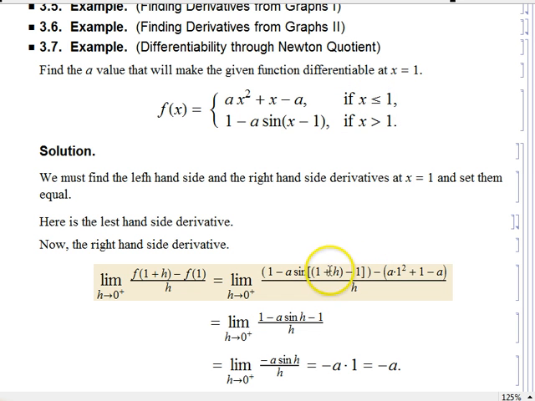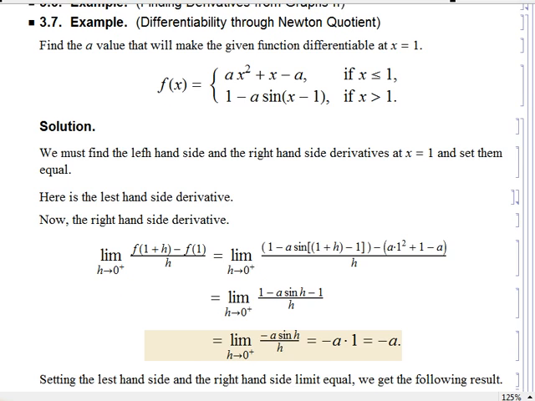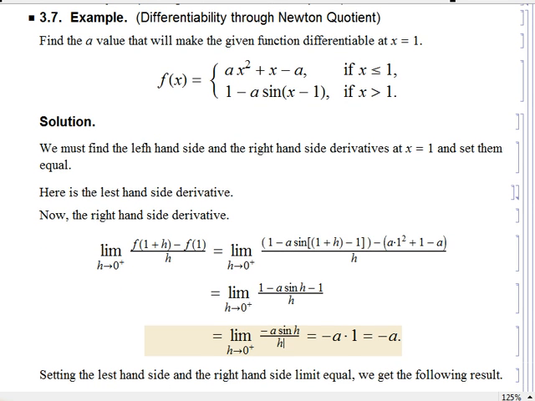We have 1 plus h minus 1 inside the sine, so we have sine of h as before. And further simplification, what do you have? Negative a times sine of h over h. And what is sine of h over h? I hope everybody still remembers. That limit is 1. So what do we get? The right-hand side derivative turned out to be negative a.